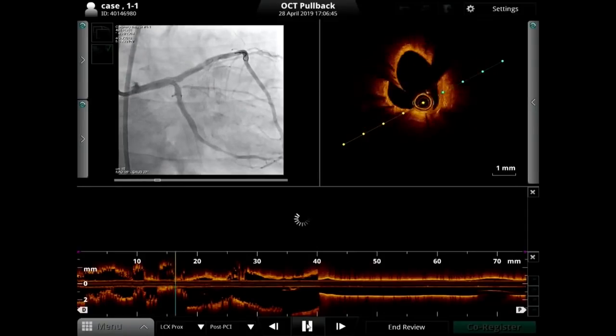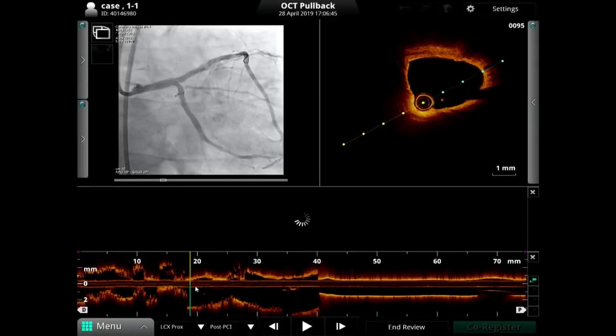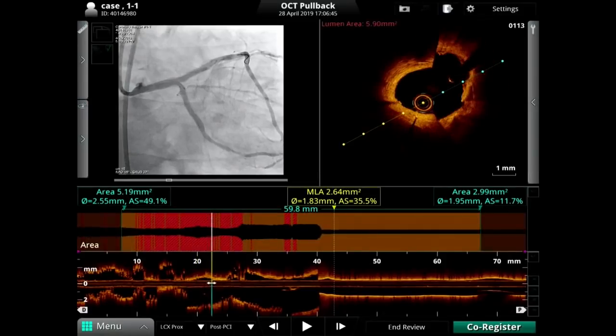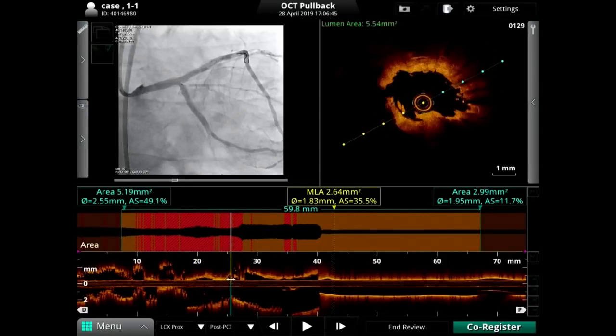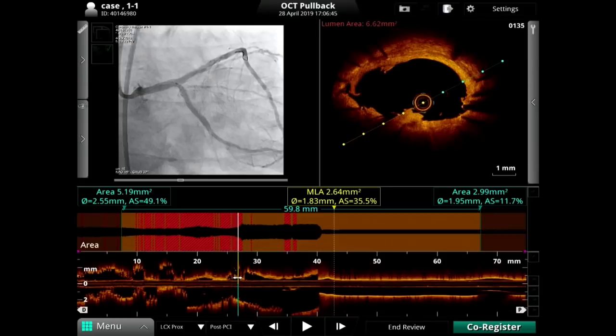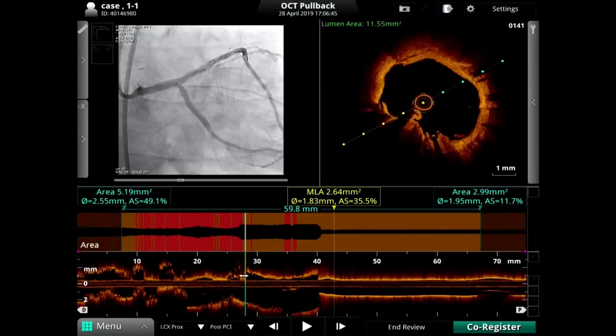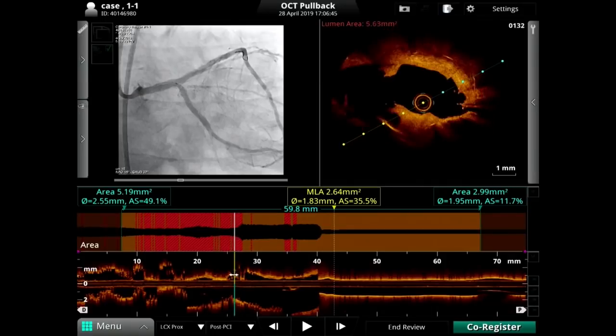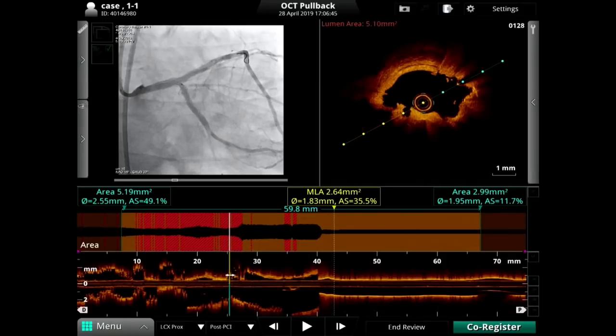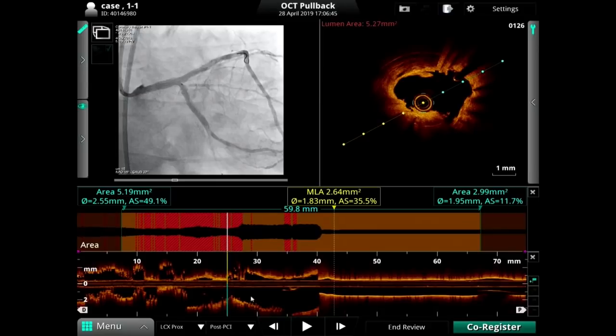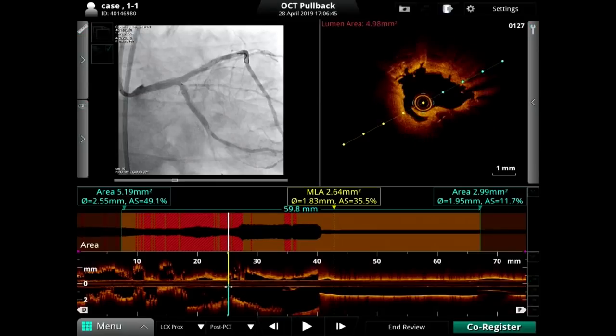So this is a chart artifact, but that's okay. This is a pullback from the circ. You can see that there is a large lumen. This is the ostium, yes, exactly.